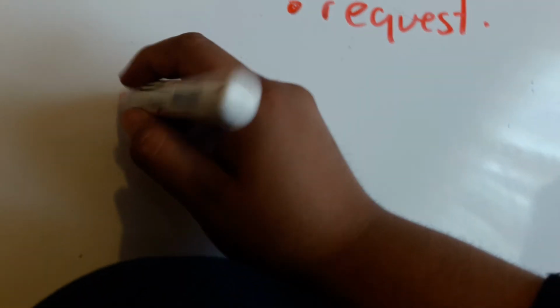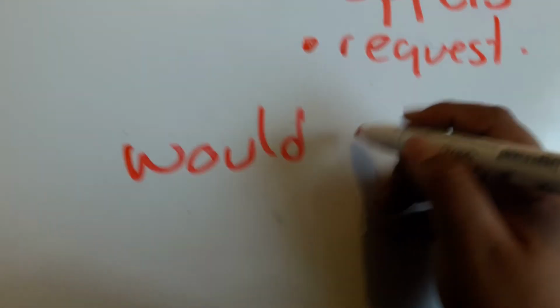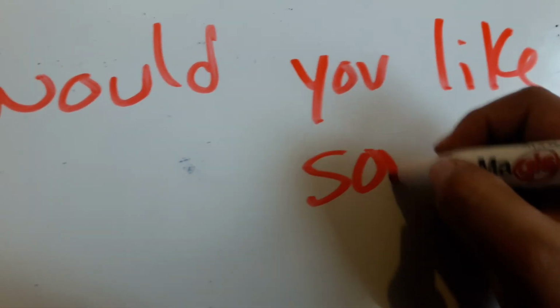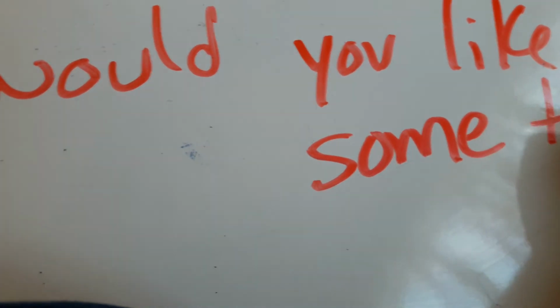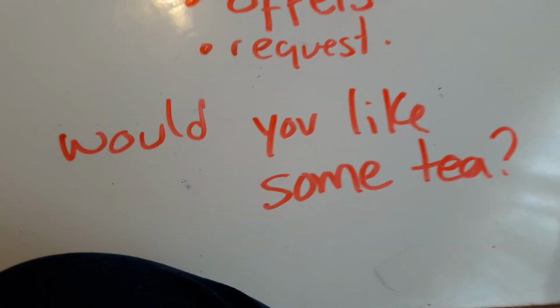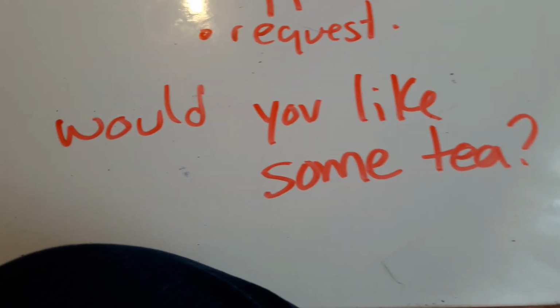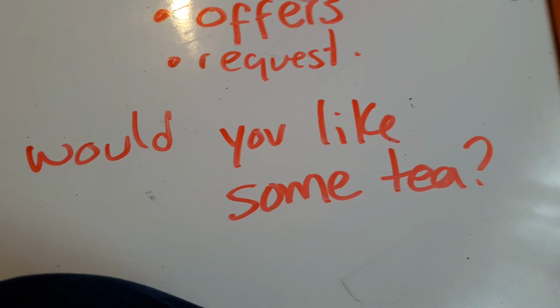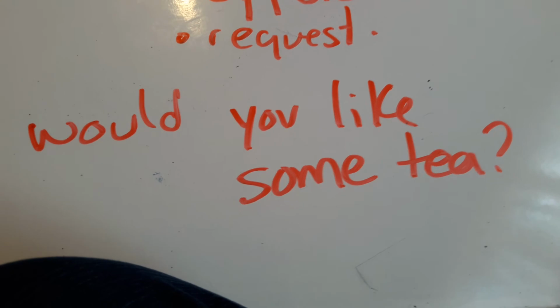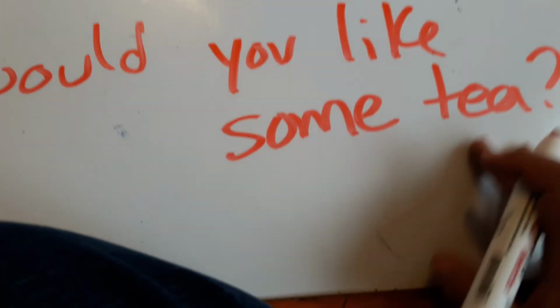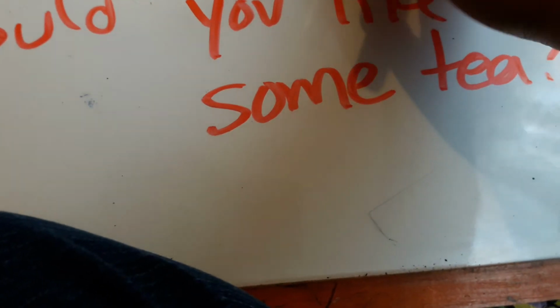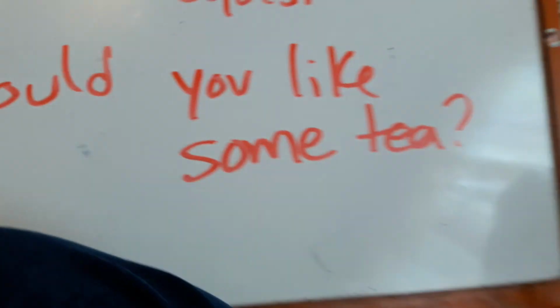So, for example, would you like some tea? Como el profesor Girafales, ¿no? Like Girafales, like the teacher Girafales. Would you like some tea? ¿Quieres algo de té? Es una oferta. This is an offer.